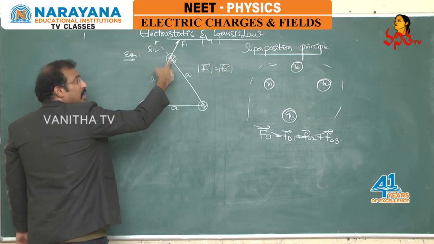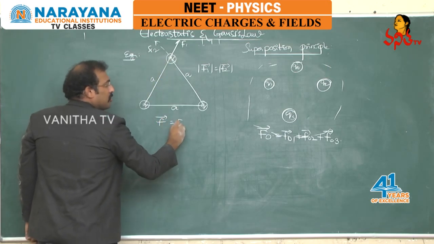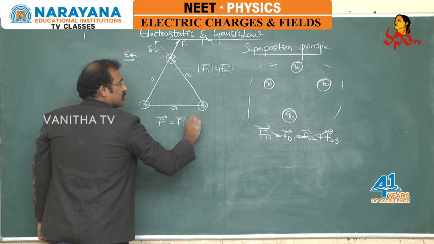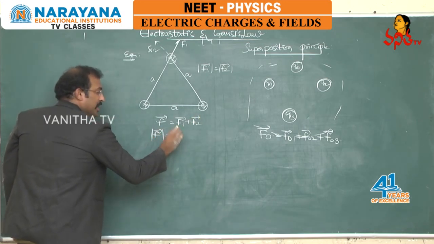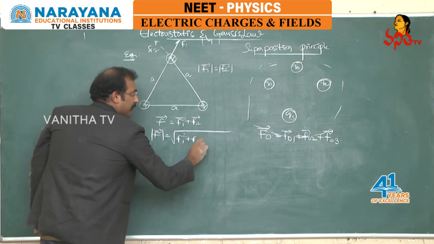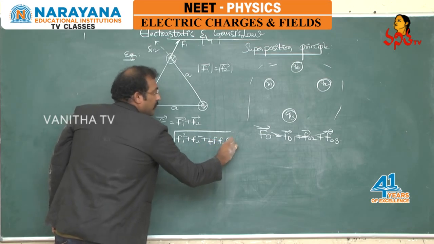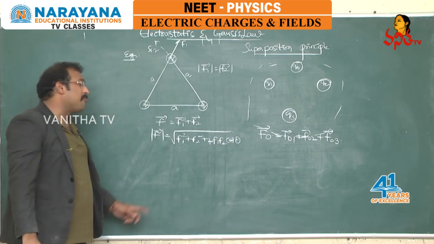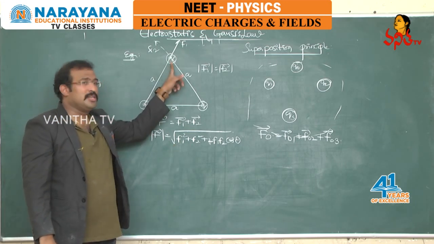Now the net force on this charge is F bar equal to F1 bar plus F2 bar. The magnitude of this force is given by root of F1 square plus F2 square plus 2 F1 F2 cos theta. This is the vectorial form of the resultant of all the forces acting upon this charge.